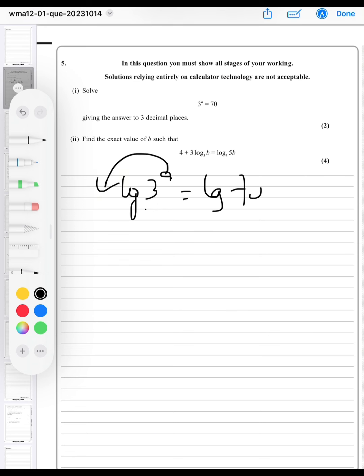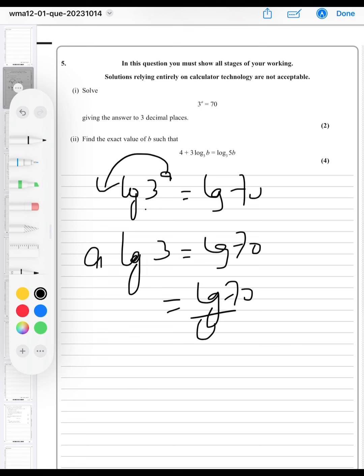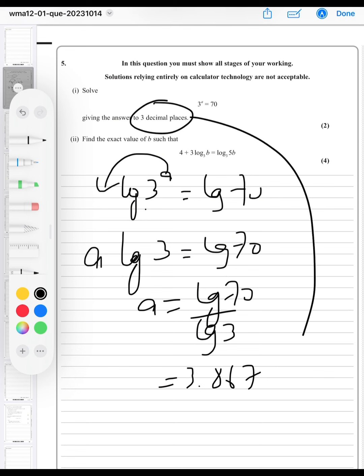So according to the log rule, I can move the power to the start, and now lg 70 upon lg 3, which will turn this to 3.867. Three decimal places they are asking for. So this is the answer for the first one.